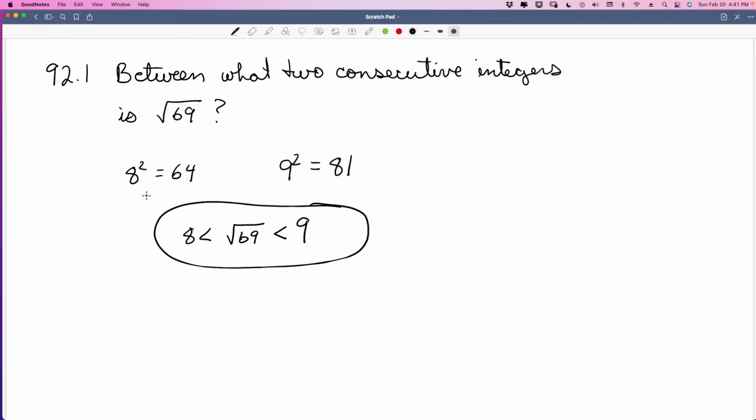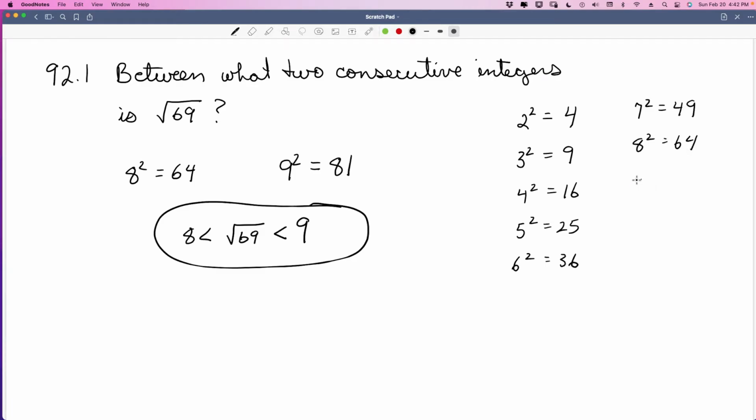And I would highly recommend that you have a reference on the back of your notebook and put down this information. 2 squared, we know that's 4. 3 squared, we know that is 9. 4 squared, we know, is 16. 5 squared is 25. 6 squared is 36. 7 squared is 49. 8 squared is 64. 9 squared is 81. 10 squared is 100. 11 squared is going to be 121. And 12 squared is 144.